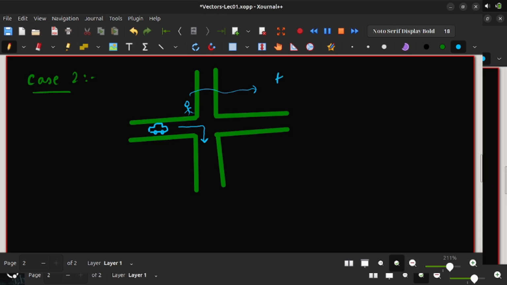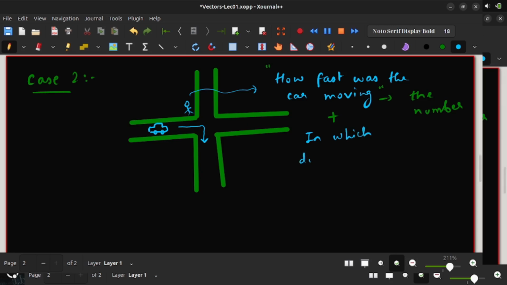You have the information of how fast the car was moving. So you have this number. You remember, you can only give one number and this question is answered. You have one more quantity, and that quantity is in which direction the car turned.